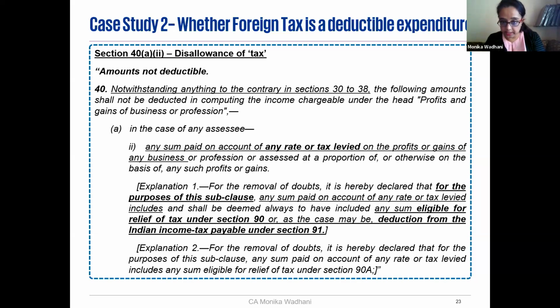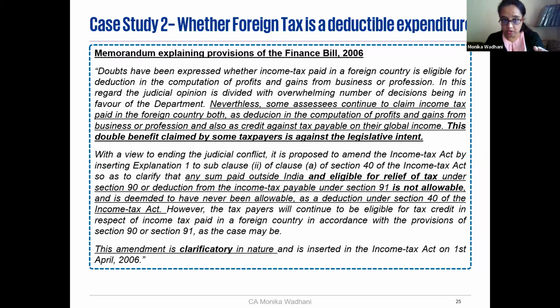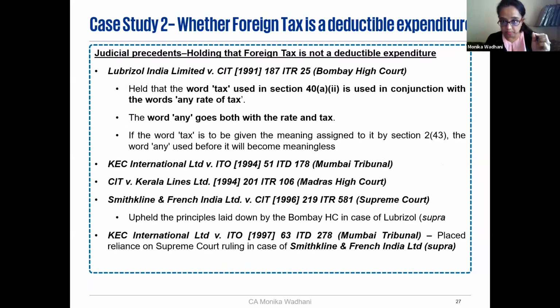So friends, in the case of Lubrizol, we have a Bombay High Court ruling, wherein the Bombay High Court, while analyzing the word tax for the purpose of 48(2), held that tax is used in conjunction with the words any rate or tax. Now the word any goes both with rate and with tax.